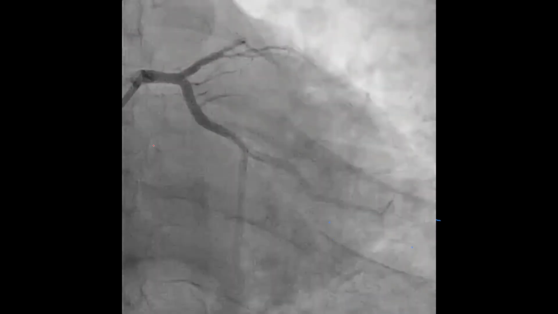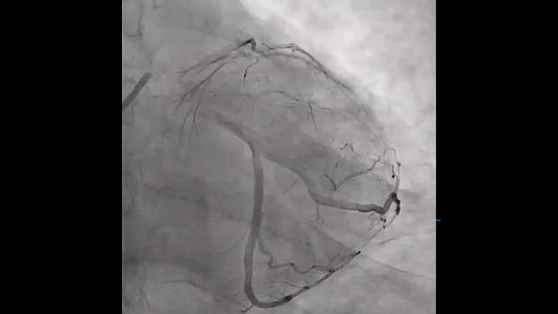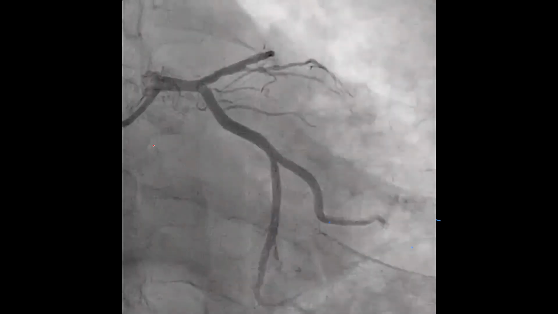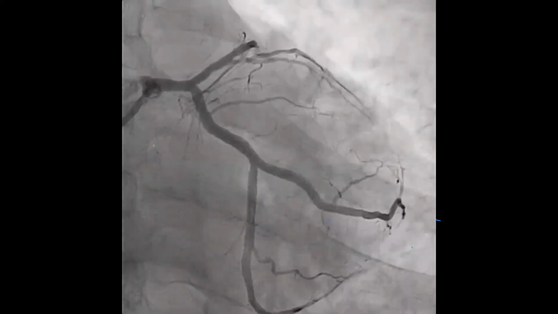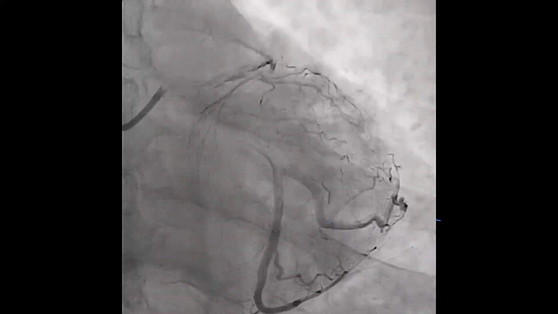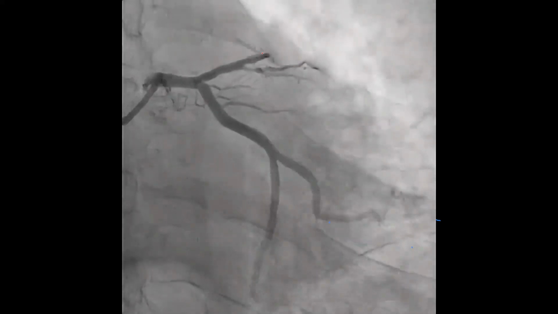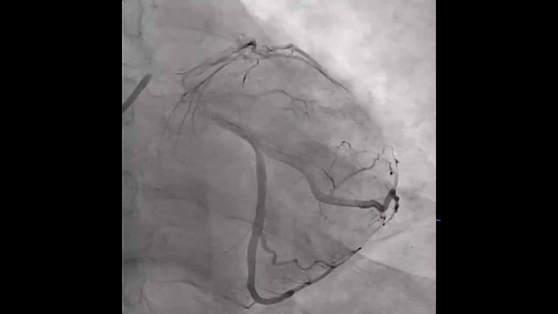So when the contrast goes away, you focus again on the fluoro and you will see the calcium and stent, okay? And also late filling. The late filling by collaterals, you will see it after some time when the dye goes away, okay? So this is calcification, and like you said, it's a mid-segment total occlusion of the LAD.